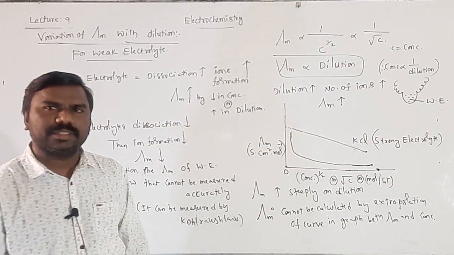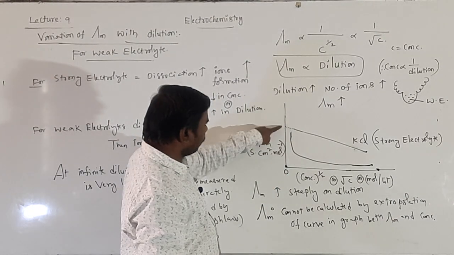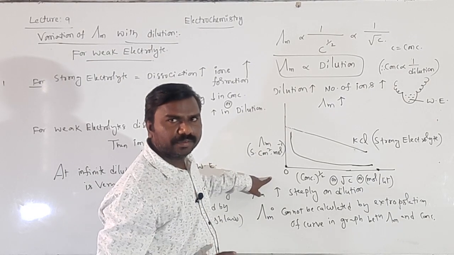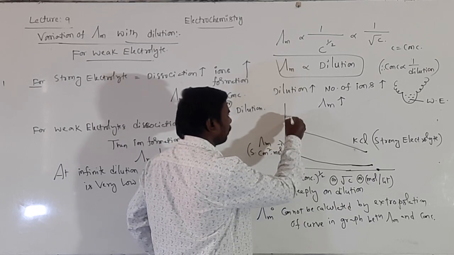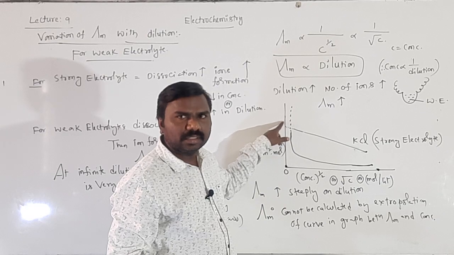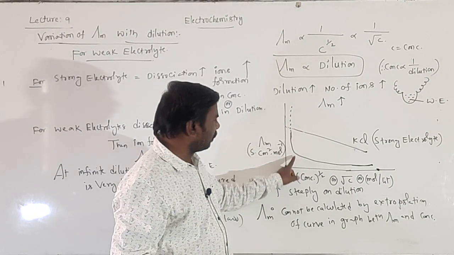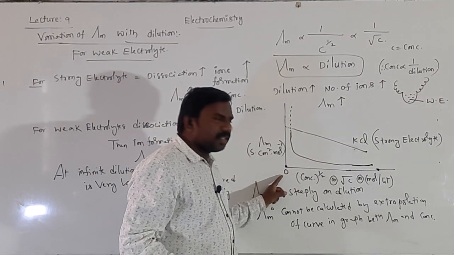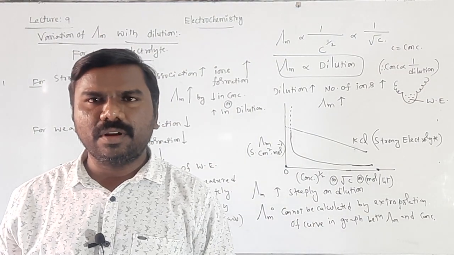Lambda m naught means at 0 concentration, the molar conductance is called lambda m naught. Getting all of you? If I extrapolate this curve, it is very difficult to touch this axis. Even if I extrapolate this curve, I cannot calculate molar conductance at 0 concentration, called lambda m naught. Understood all of you students?